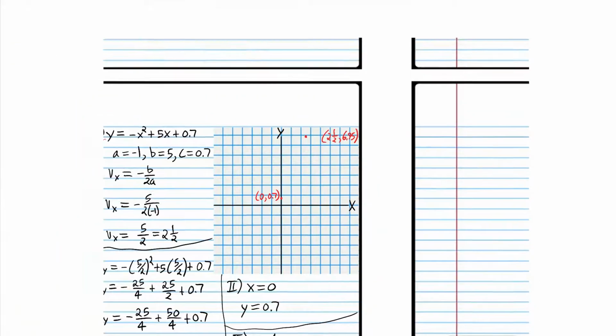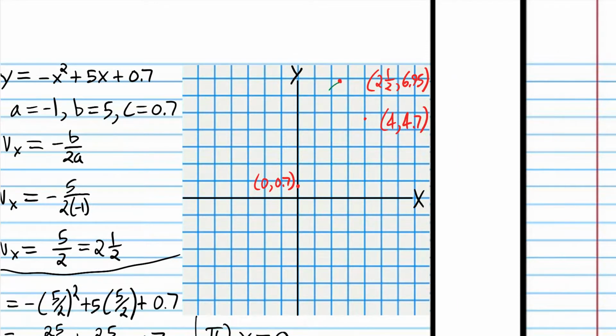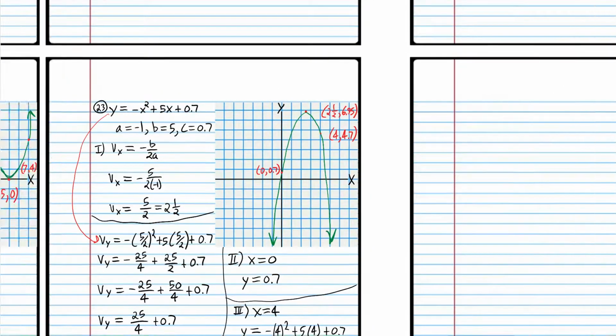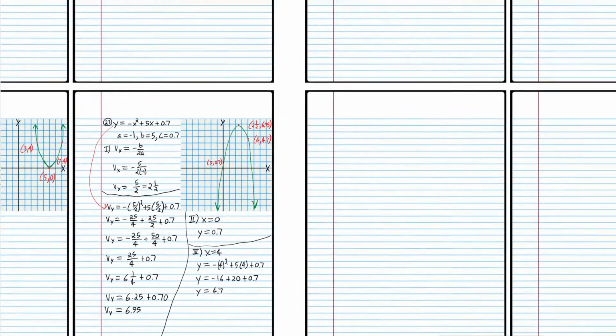So 4 and 4.7. 1, 2, 3, 4.7, that's about there. And now we just connect the dots. So again, if you see decimals in some of these problems, you need to be able to work with those decimals without being intimidated by them. I know it's a pain to have to work with decimals, but you've got no choice. Okay, so on to the next problem.